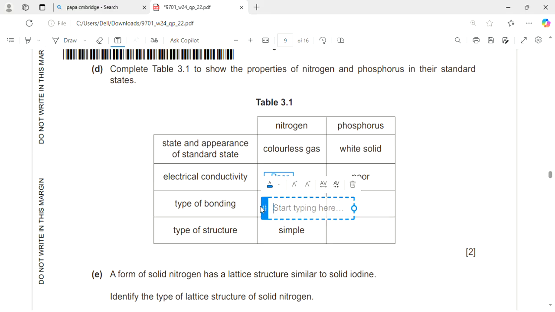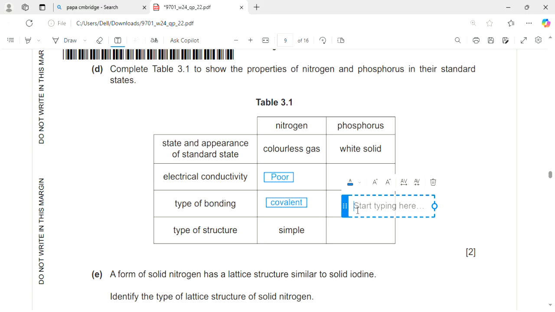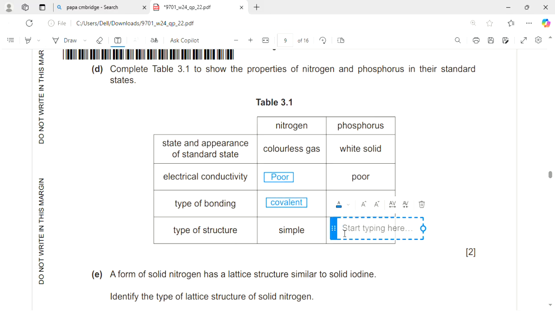Type of structure: simple. What about phosphorus? Covalent, yes. Type of structure: phosphorus is also simple.